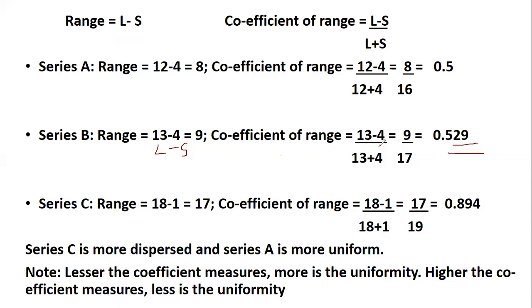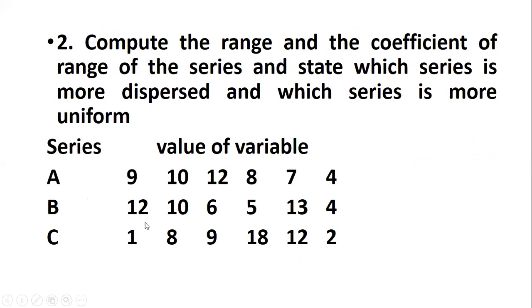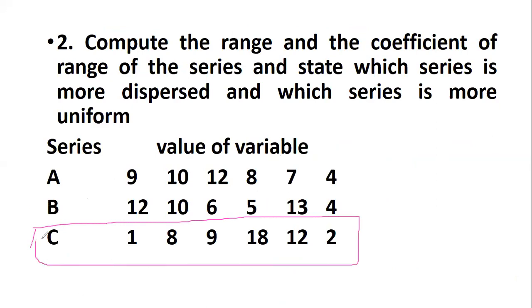Now again, as usual, let's go back and understand for series C. For series C, this last line which is given to us, that is 1, 8, 9, 18, 12 and 2, the largest number is going to be 18 and the smallest number is going to be 1.